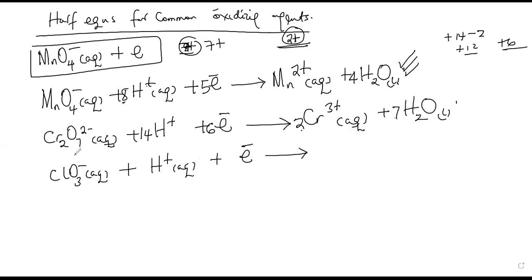We say that since it is a chlorate, it is reduced to a chloride ion and water. How do we balance? Chlorine 1, chlorine 1. O3, O1. Put here 3, making hydrogen 6. Put here 6.